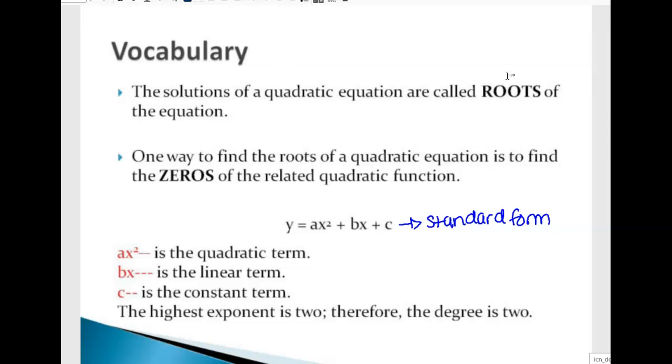So there is some new vocabulary that comes along with this. The word solution can also be referred to as the roots or the zeros of a quadratic function.